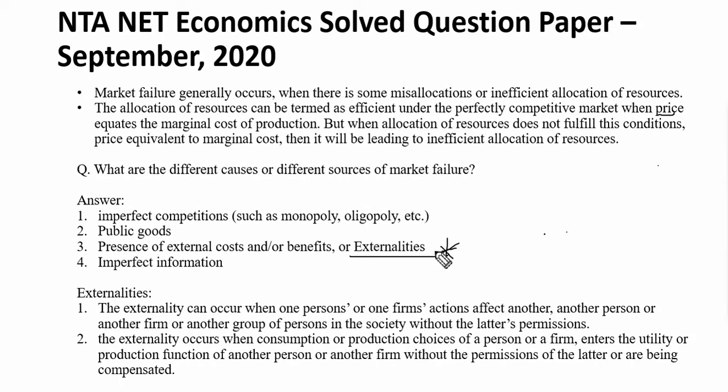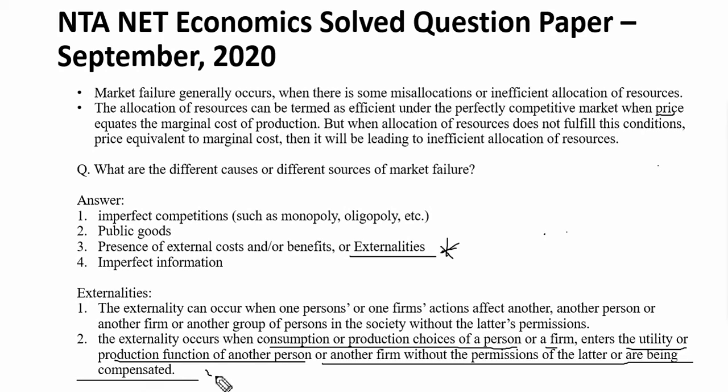So the externality is basically when the consumption or production choices of a person or a firm enters the utility or production function of another person or another firm without the permission of the latter. This is the broad definition. However, we can think of it as, suppose there is a farm A, and a farm B. Without the permission of farm B, A is imposing some cost. This will be called negative externality.